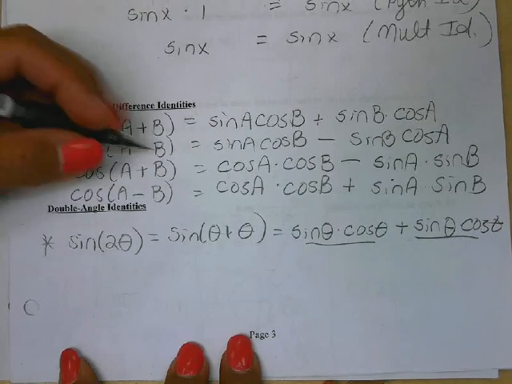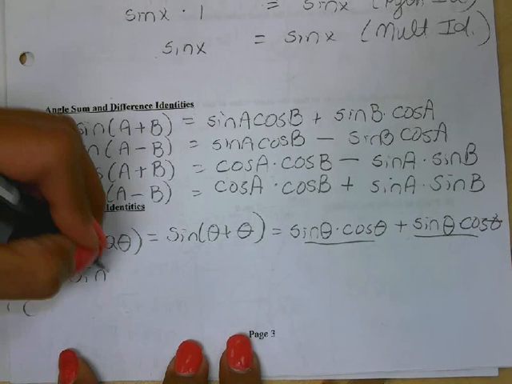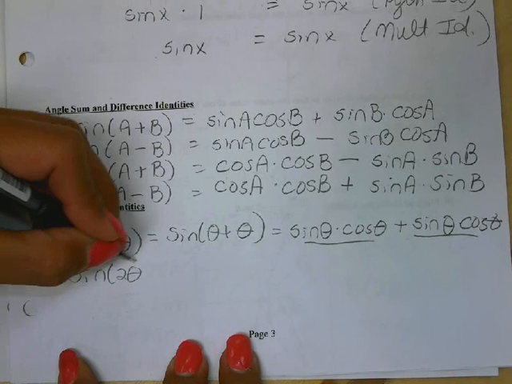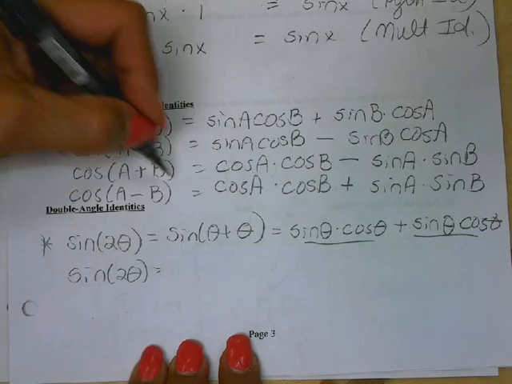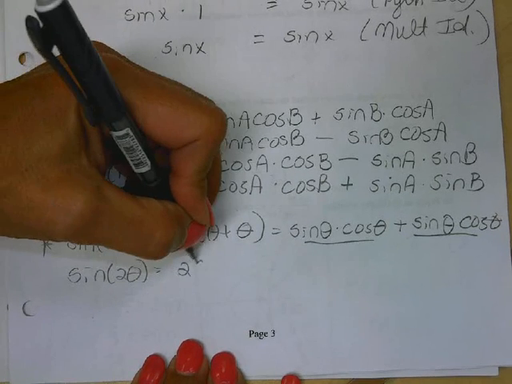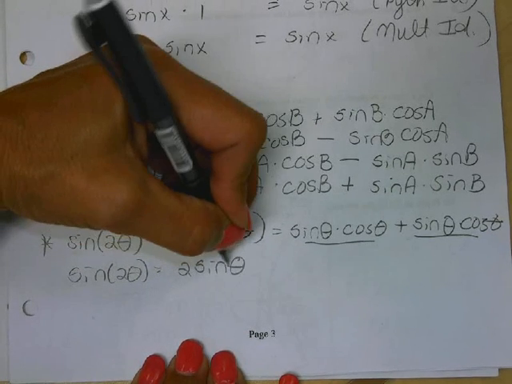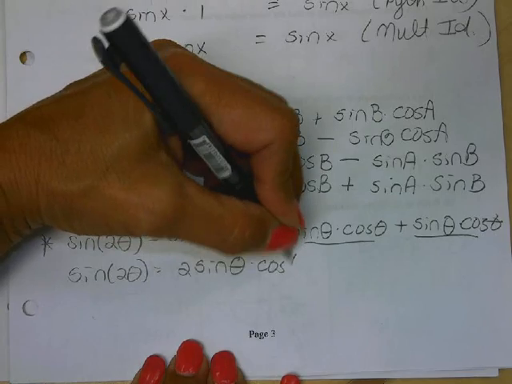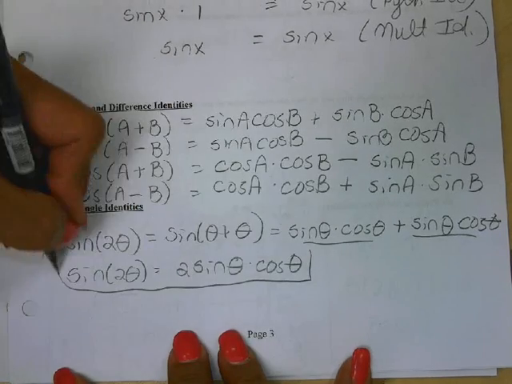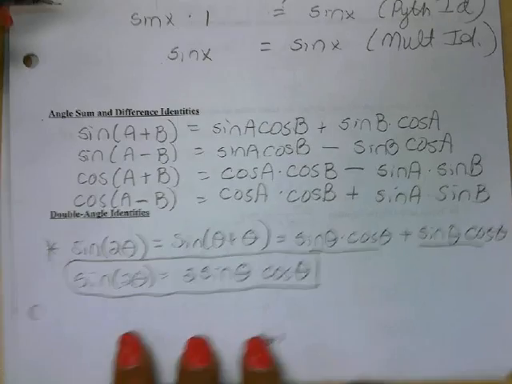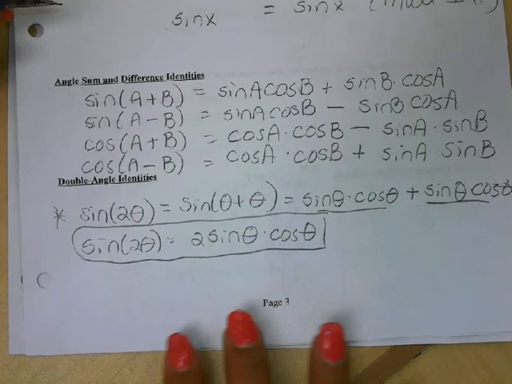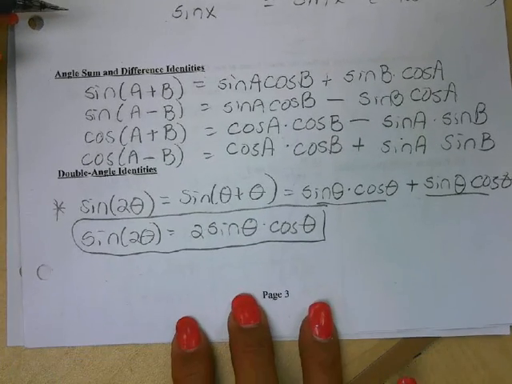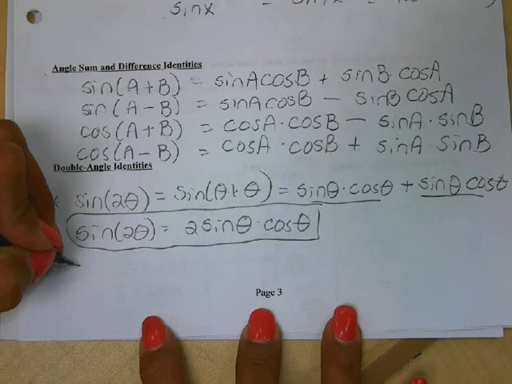We're adding one of them here and one of them there, so we have 2 of them. So the sine of the double angle, sine of 2 theta, is equal to 2 sine of theta times the cosine of theta. And this is an identity we need to remember. So that's called the double angle identity for sine.